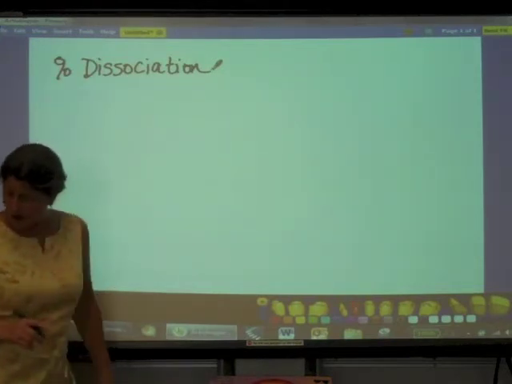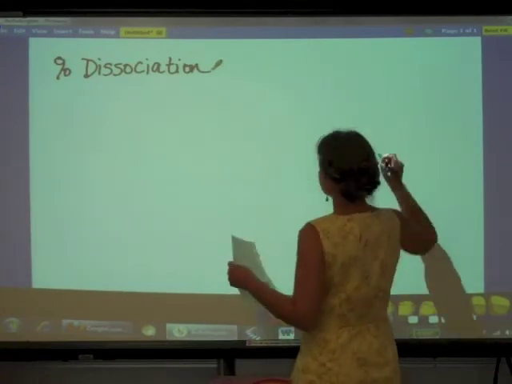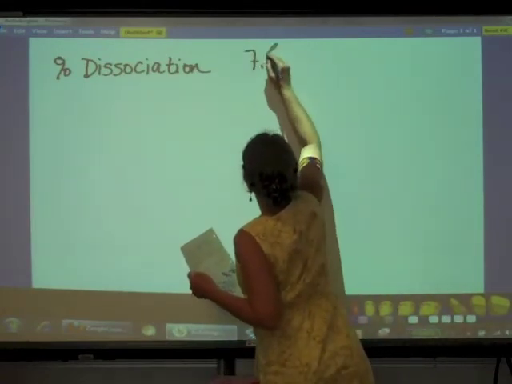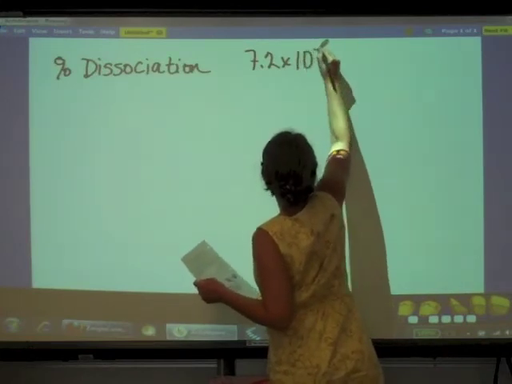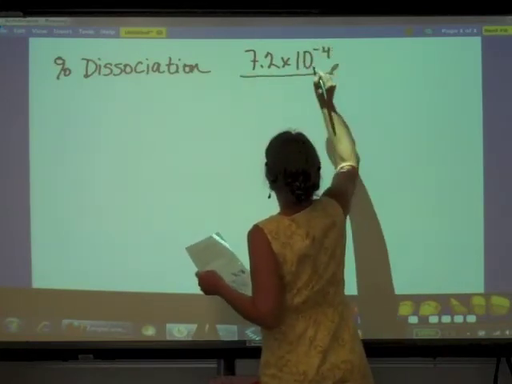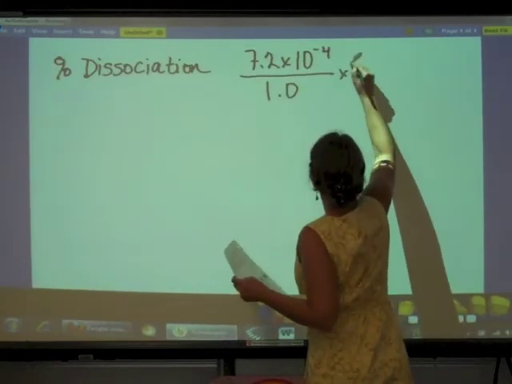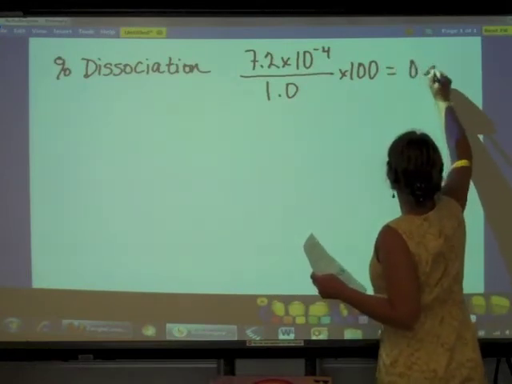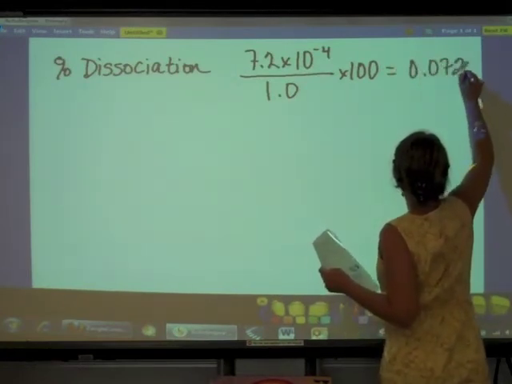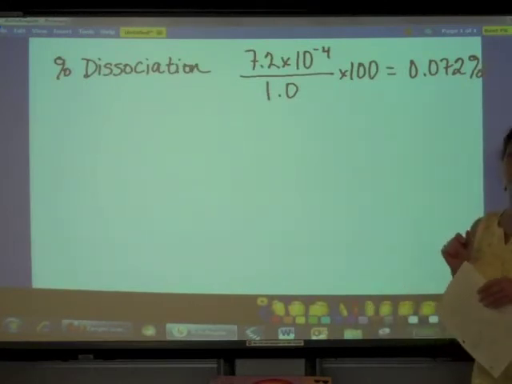We have 7.2 times 10 to the minus 4 divided by 1.0 times 100 is equal to 0.072%.